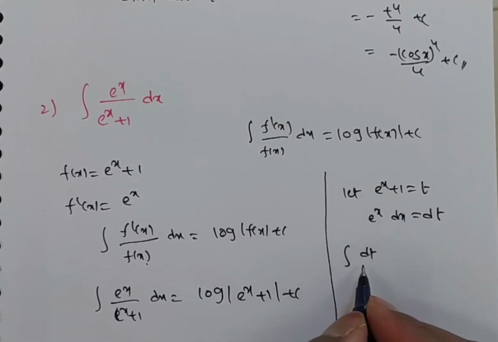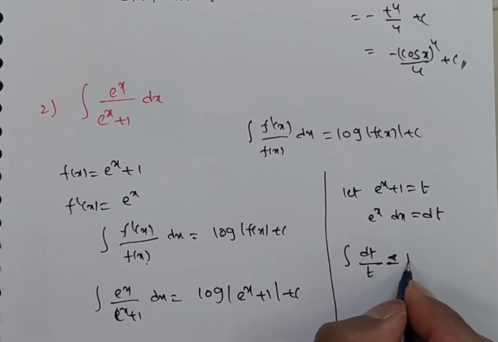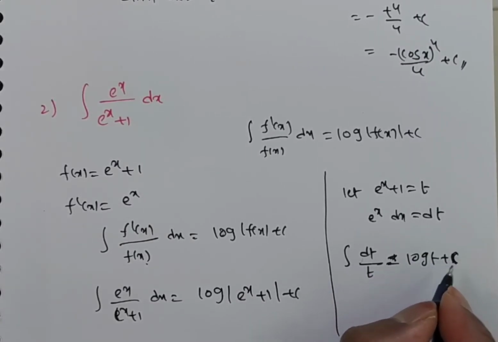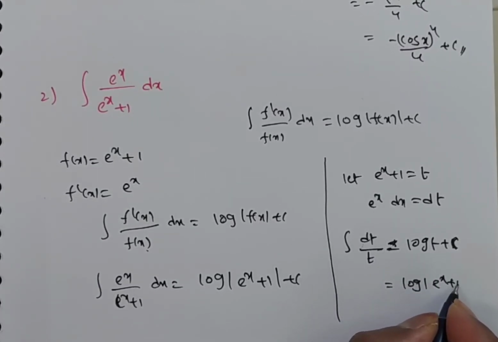Then dt by e power x plus 1 is nothing but t, so this is the integral of 1 by t dt, the derivative of the denominator in the numerator. So log t plus c, log mod t or log t. Now t replaced by e power x plus 1 plus c. Is it clear for everyone?